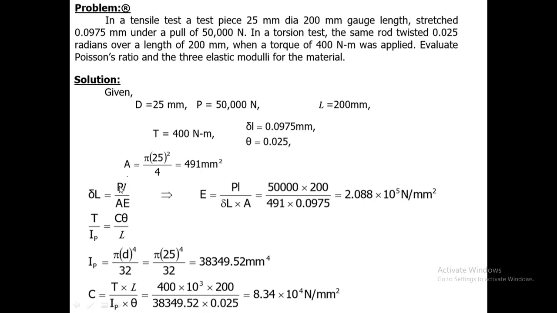In this equation, substitute all the values, and you should be careful while substituting. Here delta L is in millimeters, load is in Newton, length you should take in millimeters, and area is in millimeter square, so Young's modulus will come in Newton per millimeter square.